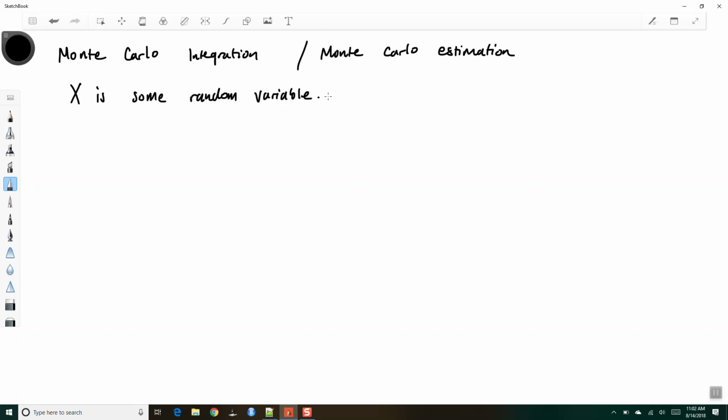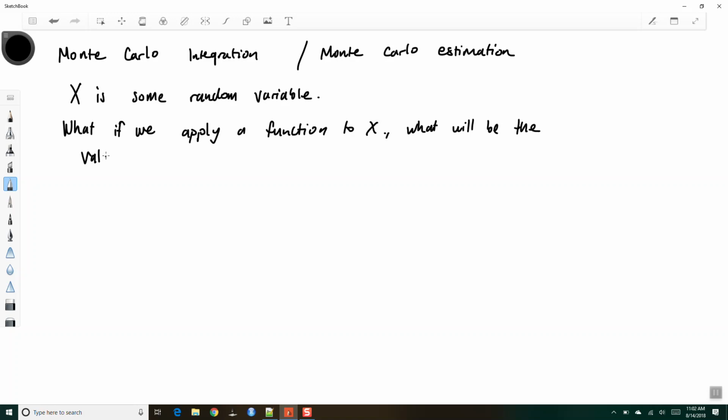And then the question is if we apply a function to x, what will be the expected value of that function?